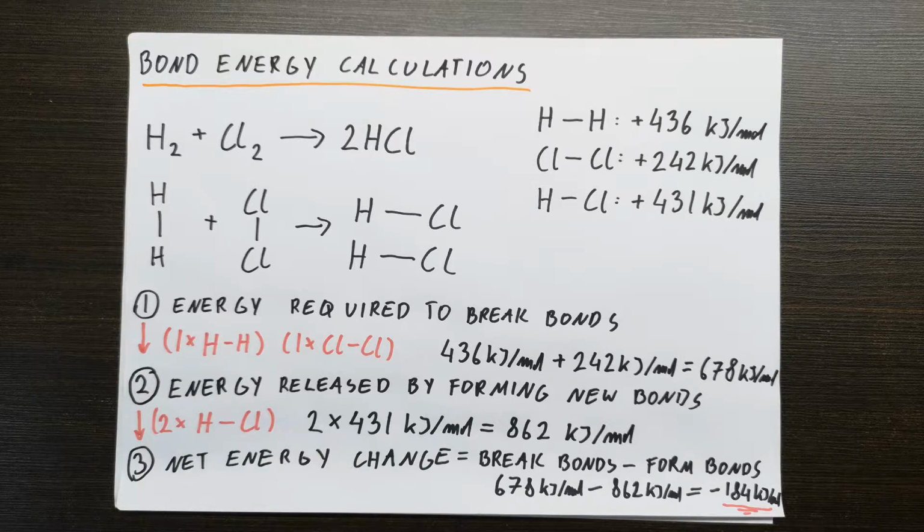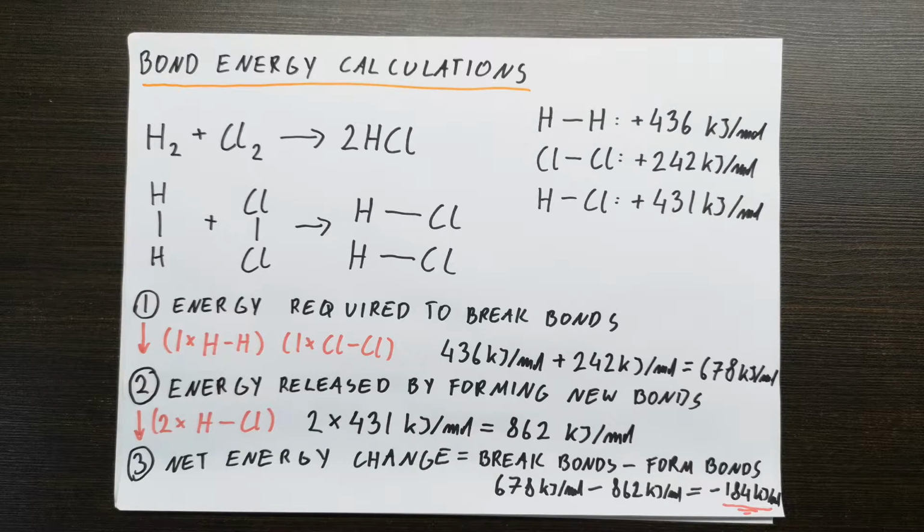So essentially, we have released more energy than we put in. By that logic, we can see that this reaction must be exothermic. So that makes sense so far. However, we are ending up with a negative value. So that actually is okay. Exothermic reactions will always give you negative net energy change. They will always give you negative values, and that's just the way it is.